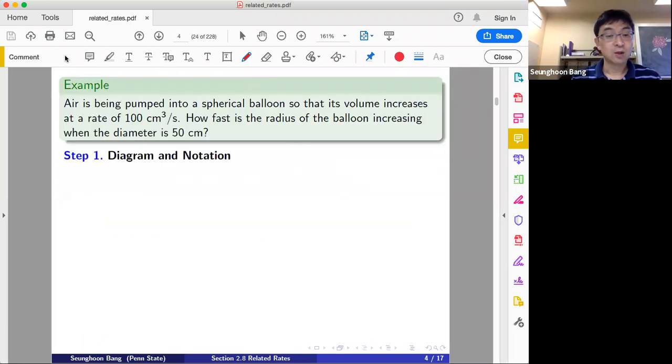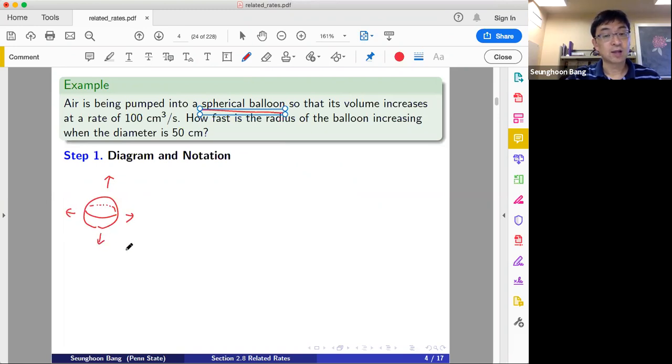Step 1, draw a diagram. The diagram is here. We have a spherical balloon, so you can just draw a spherical balloon. The spherical balloon is increasing.